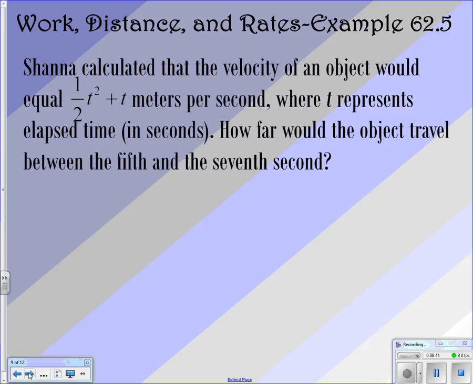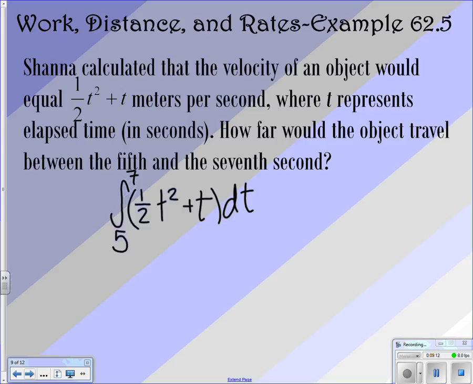Looking at the next example, we have the velocity of an object as 1/2 t squared plus t, where t is your time. How far would the object travel between the 5th and the 7th second? So we're going to do the same kind of thing. We're going from the 5th to the 7th, and our function is 1/2 t squared plus t, and we're integrating with respect to t.